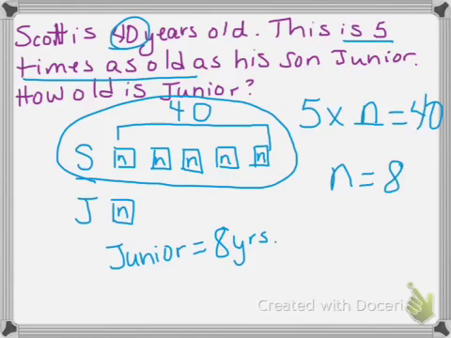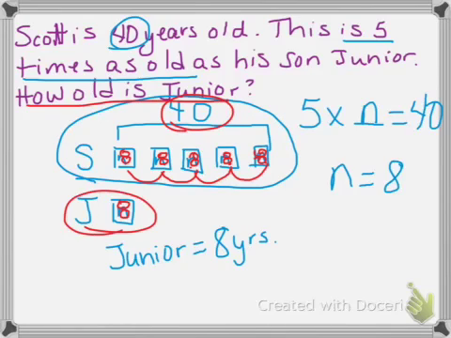If I put an 8 into each of these, I can check to see if 1, 2, 3, 4, 5 8s equals 40. There's 16, 24, 32, 40. 5 times 8 is 40. So the question asked me how old is Junior, and Junior is 8 years old.